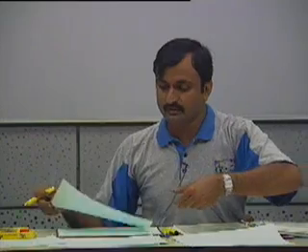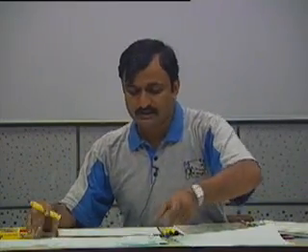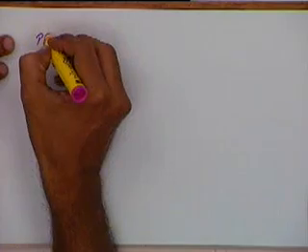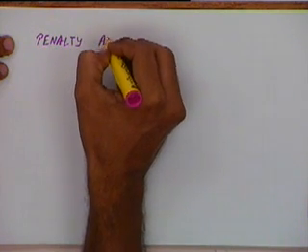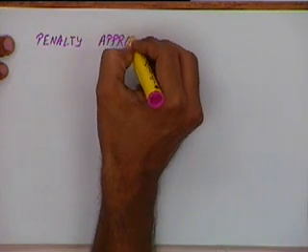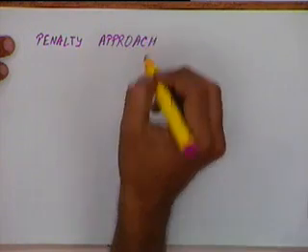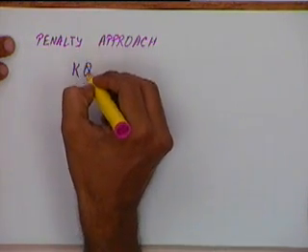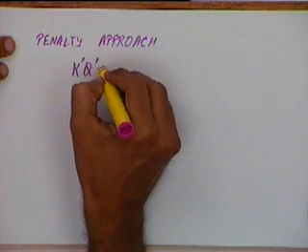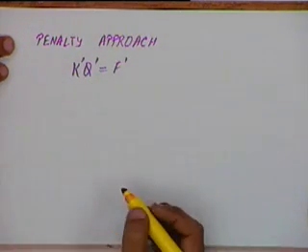Okay, the only thing that now remains is, when you are using the elimination approach, how do you find out the reactions? If you remember, we had equations given as K prime Q prime equal to F prime.